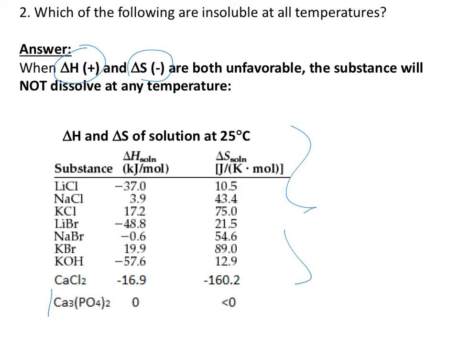The only one that kind of approaches that is calcium phosphate. I had to really dig. And even that's very slightly soluble under certain conditions, but really not. It's kind of like dropping a piece of chalk in water. You're not going to see much dissolve. You can see that enthalpy is neutral, but entropy is clearly unfavorable, and so you're really not going to get any significant amount of that to dissolve in water.